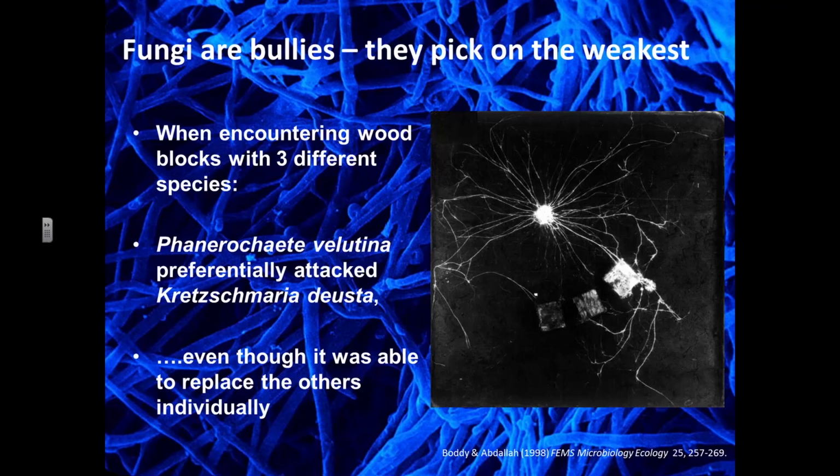So you might think that when it gets all 3, it'll just start to fight all 3 of them straight away, but it never did that. It always beat the weakest fungus first. In this case, Kretzschmaria deusta, the Ascomycete. So fungi are bullies, basically. They pick on the weakest, they beat the weakest, and then move on to the next.